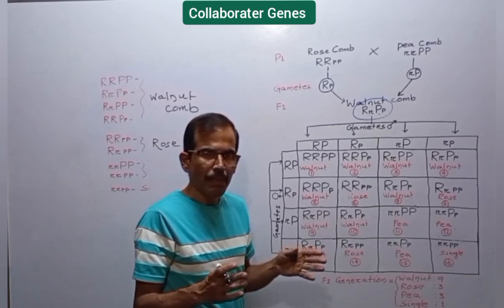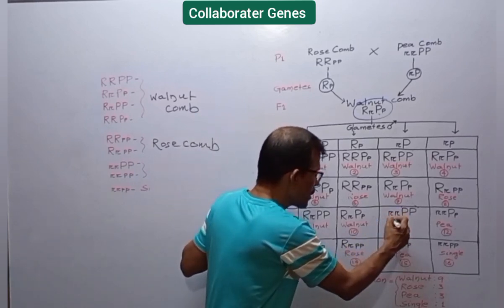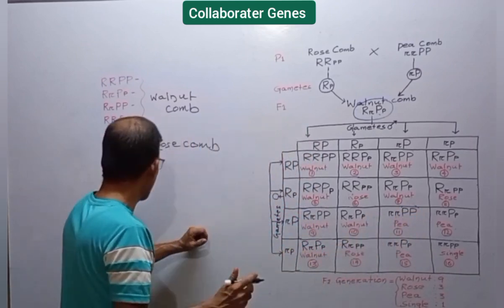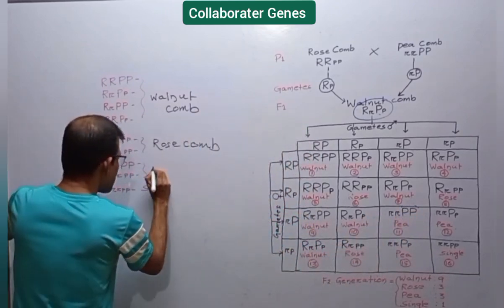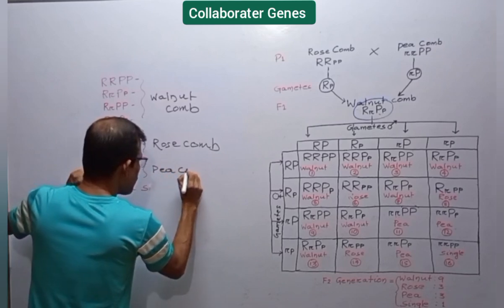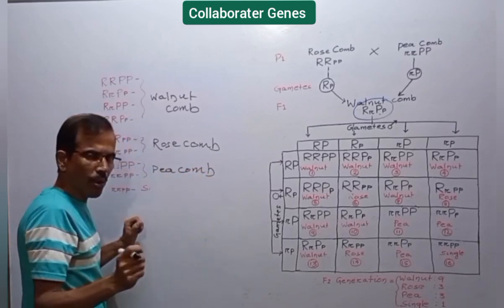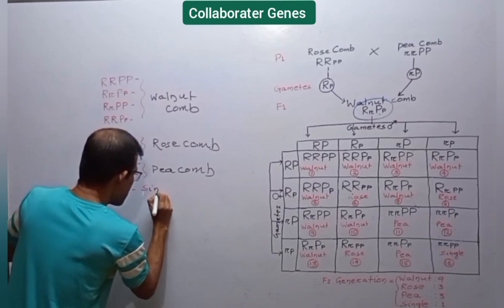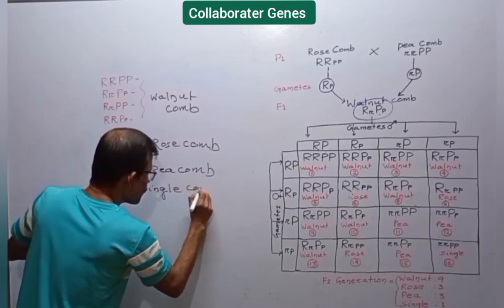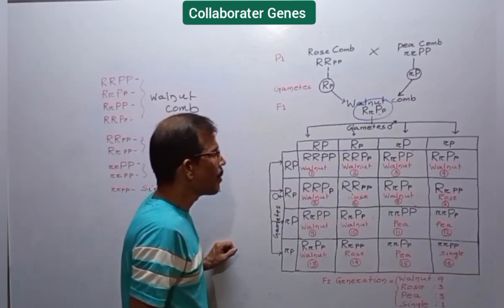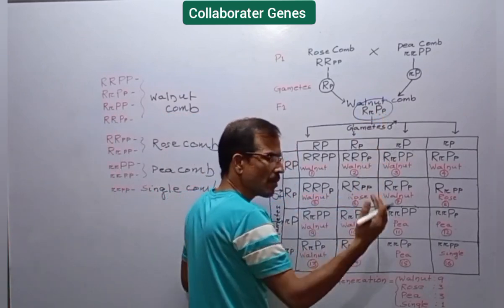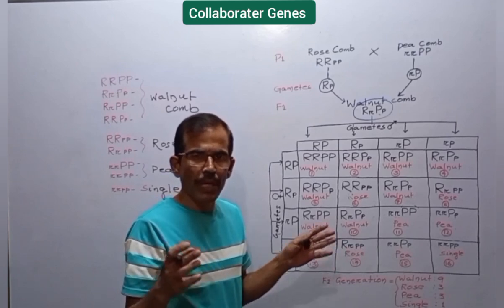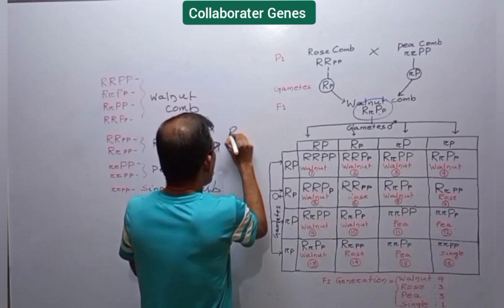And pea comb develops when the rose comb gene is absent and the P comb gene has at least one copy. These are the genotypes that result in pea comb. But when both the genes are absent, then the result is single comb. In this example, walnut comb is the novel phenotype which developed due to the interaction between two independently assorting genes, R and P.